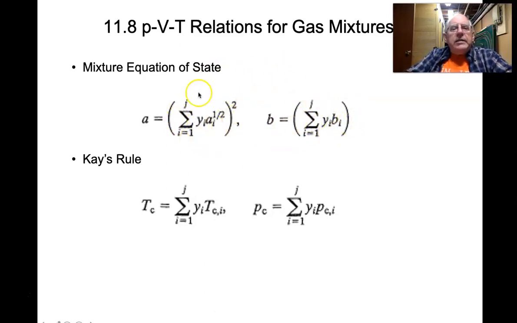In essence, that's what's shown here. For each of our components of a gas mixture, we could have an a sub i, and we could then come up with a total.